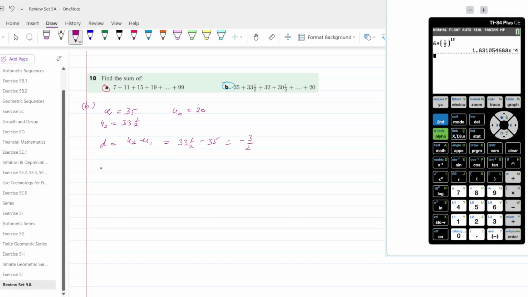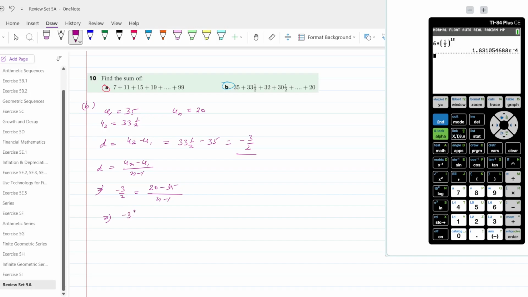We also know that there is a formula for d that says un minus u1 divided by n minus 1. If we substitute the values, we get d equals -3 by 2. This equals un, that is 20, minus u1, which is 35, divided by n minus 1.